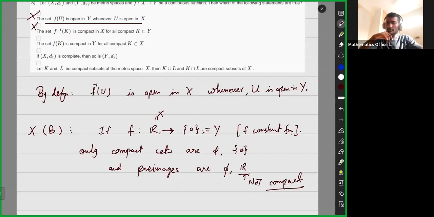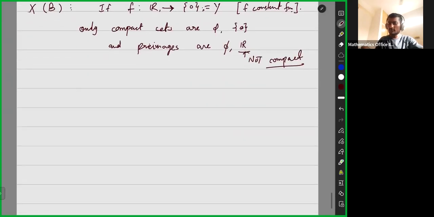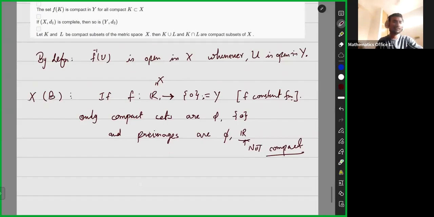f(K) is compact for all compact sets K inside X. This is a good exercise, and here we should spend time, because everything else is just giving a counterexample. So this is option C. K is inside X, compact.